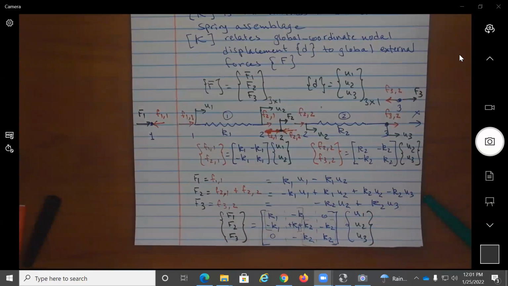So these two got superimposed together, or added together, in this cell.